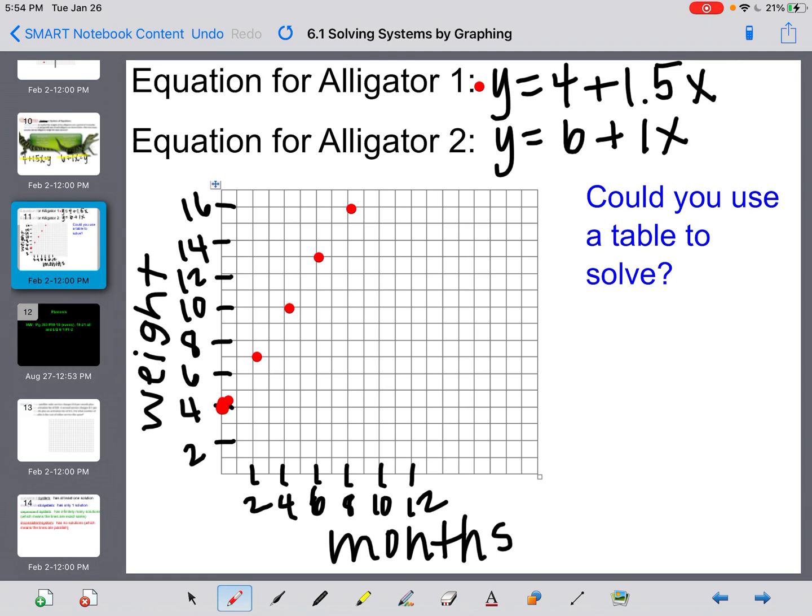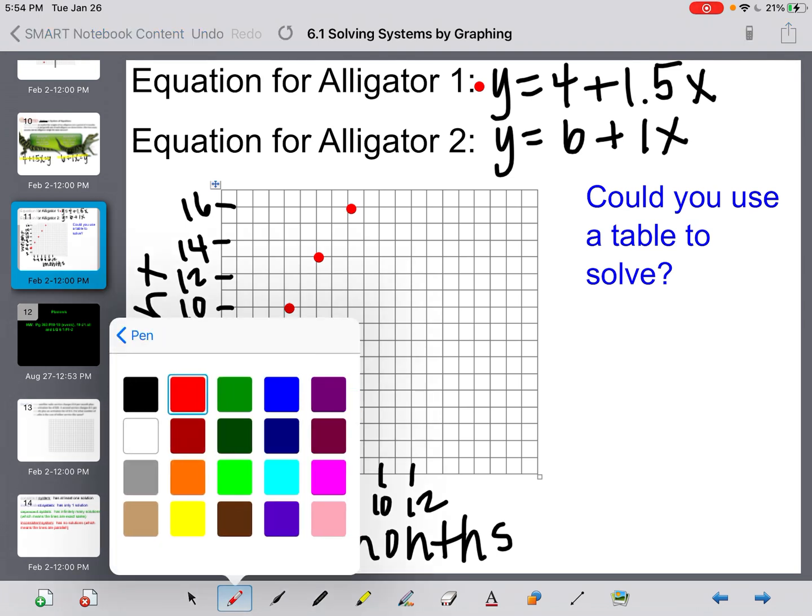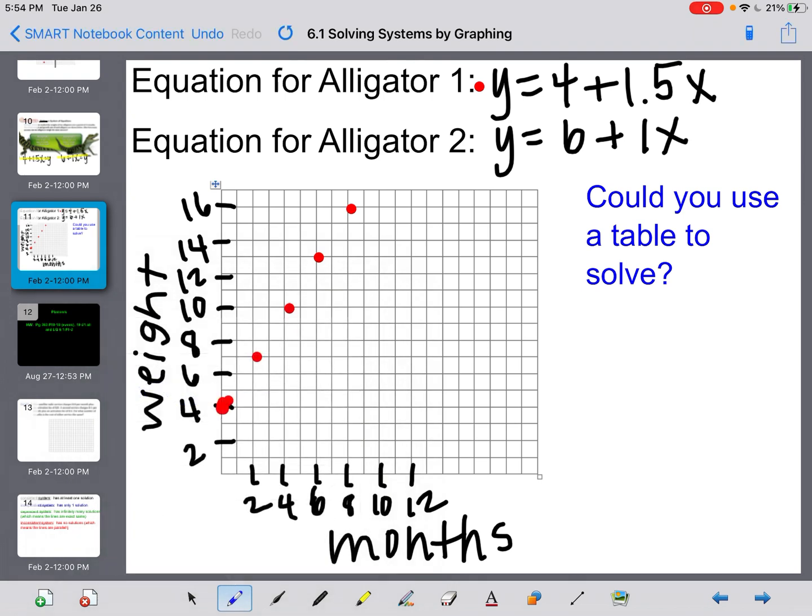The second one, start at 6 and go up 1 over 1. Which means right here, at 4 months and 10, they will both be 10 pounds.